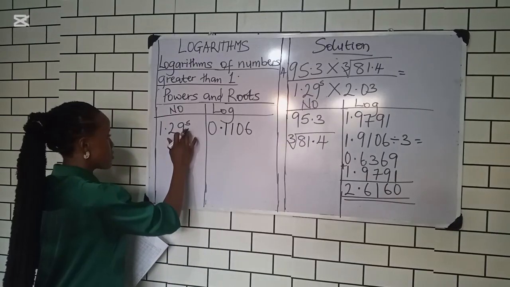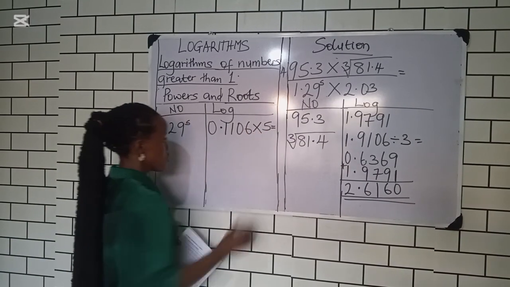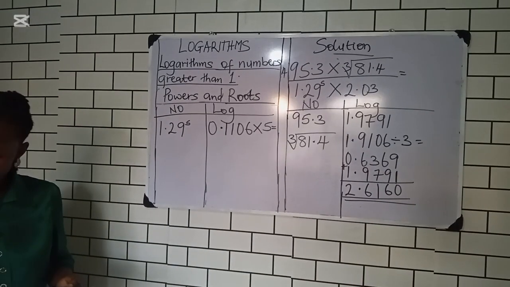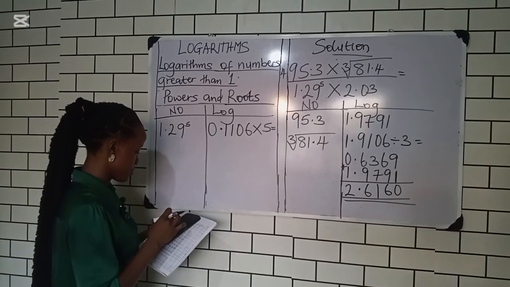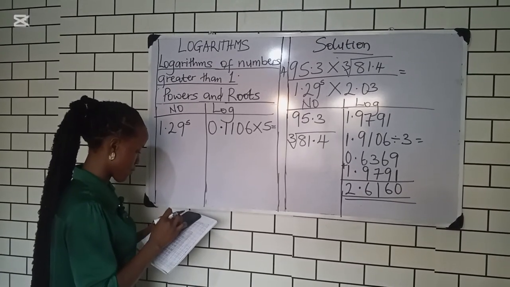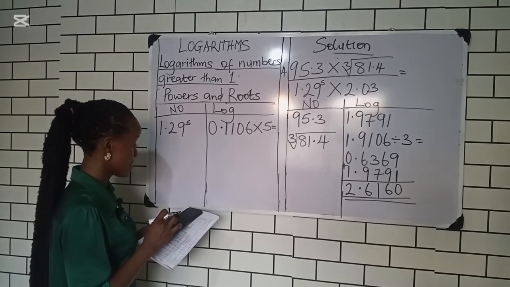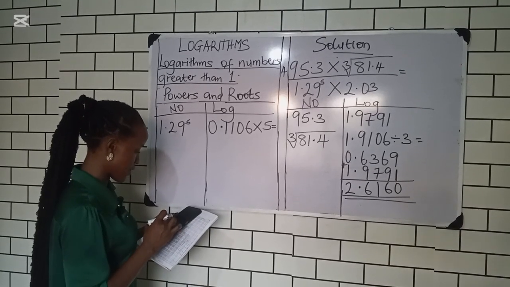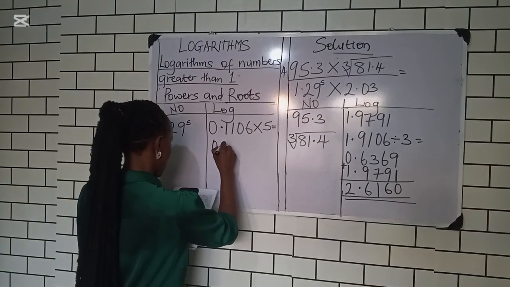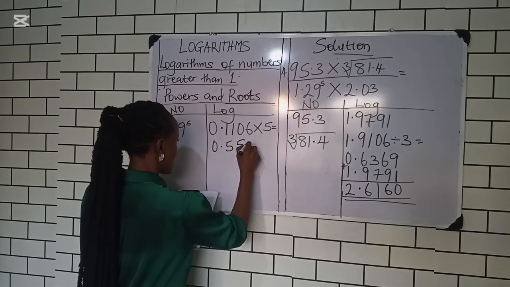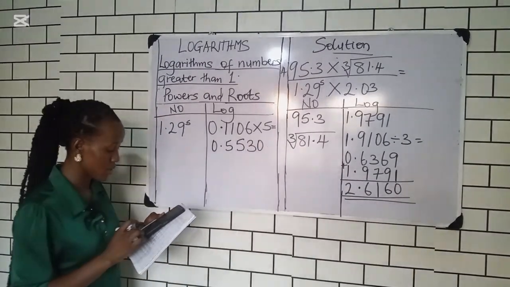Now, because of this power 5, we are going to multiply by 5. 0.1106 times 5, here we're going to have our 0.5530. I just added 0 so that it can be up to 4 decimal places.